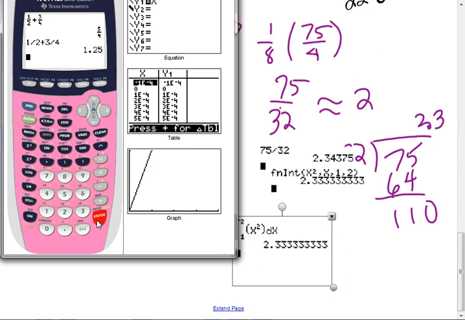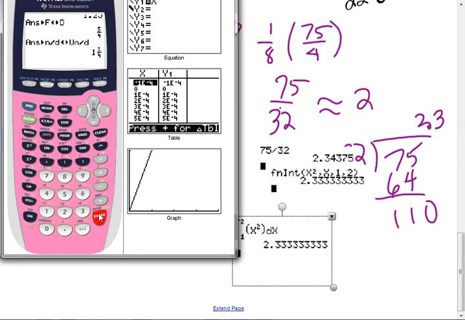But you can go to mode and do fractions. Or I can just take this and press enter and go alpha. And I want to change that to a fraction. And then I can change it to a mixed number, which is 3, 1, 1, 4. So it's very nice.